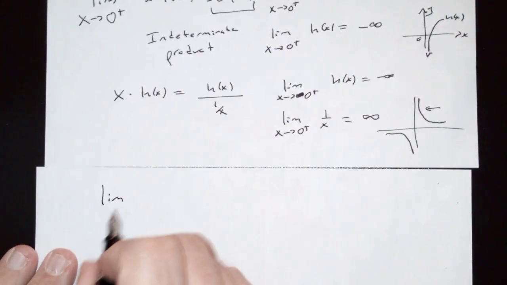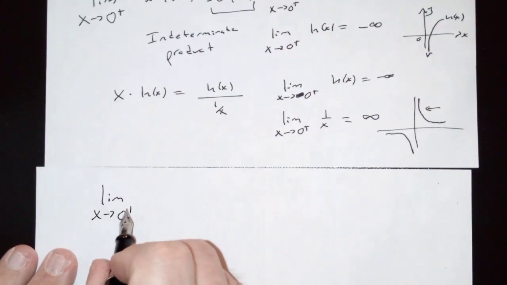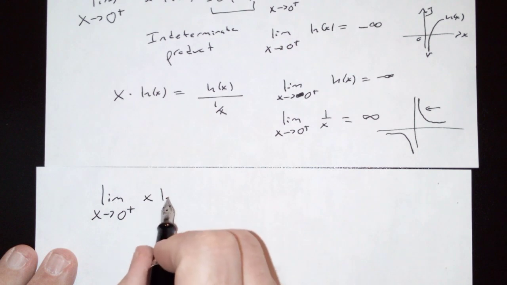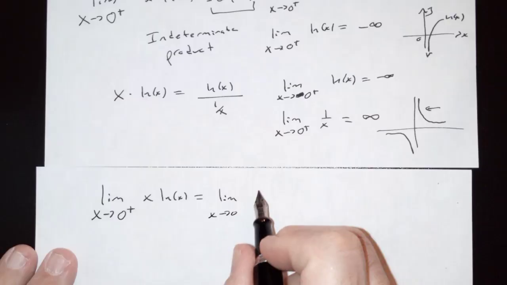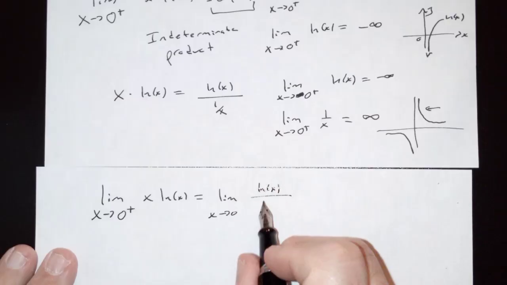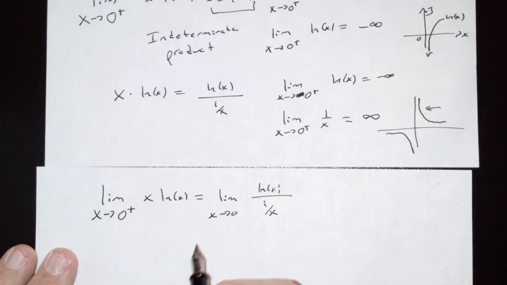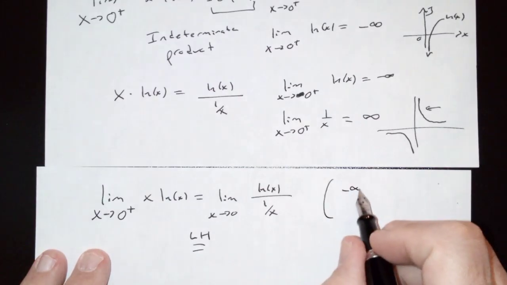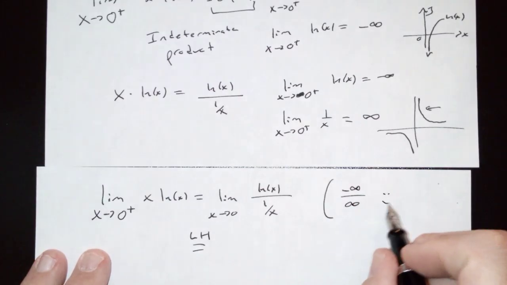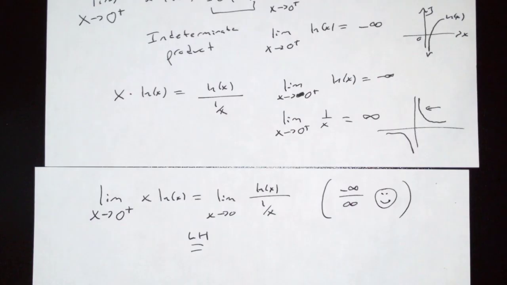The limit as x goes to 0 of x times ln of x is the same as the limit as x goes to 0 of ln of x over 1 over x. And that's something I can do L'Hopital's rule on. I don't care whether they're plus or minus.